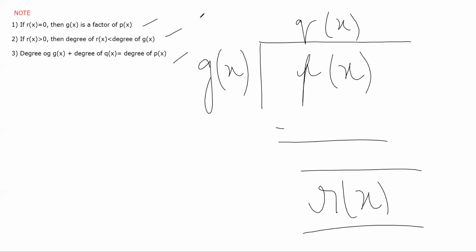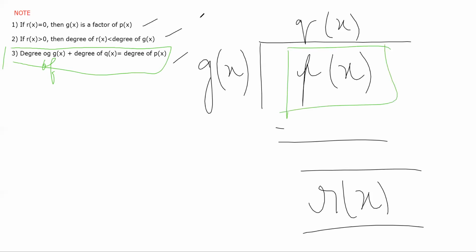Let's now understand the third note. Sorry, there is a typing error. That is degree of g of x plus degree of q of x is equal to degree of p of x. So this is p of x. If it's an expression, there will be a degree. So let's take it to be an expression with degree 4.